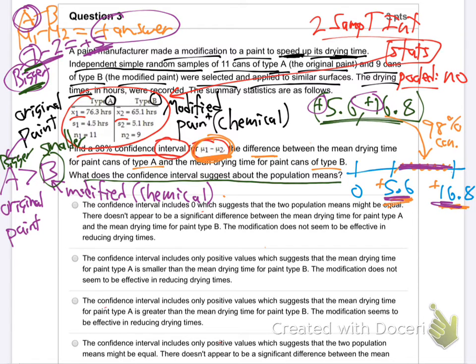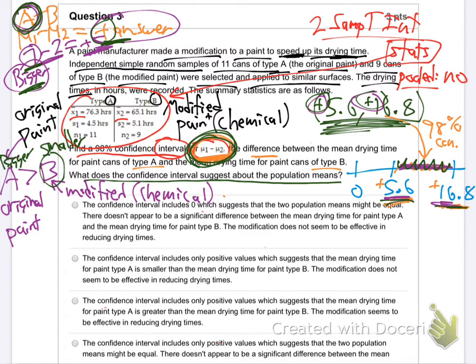If you're subtracting two things, the whole key is our confidence interval came out with two positive numbers, meaning the answer is positive for the difference between A and B. That's what this is all calculating, the difference between mu1 and mu2, which is A minus B. And we're saying A minus B is coming out to be a positive answer.